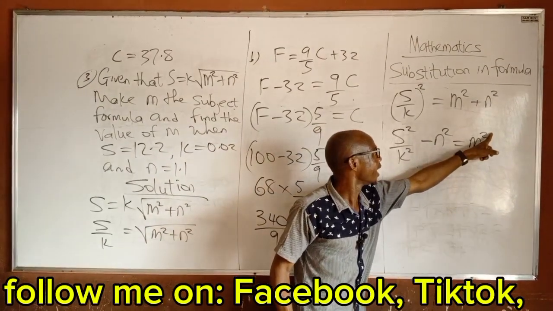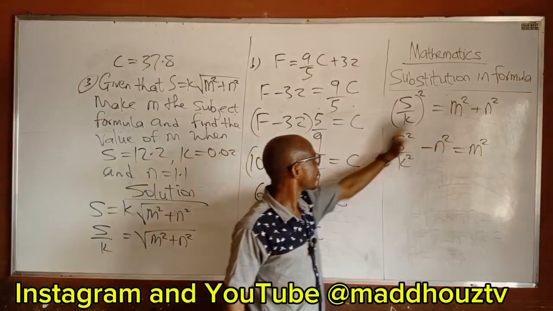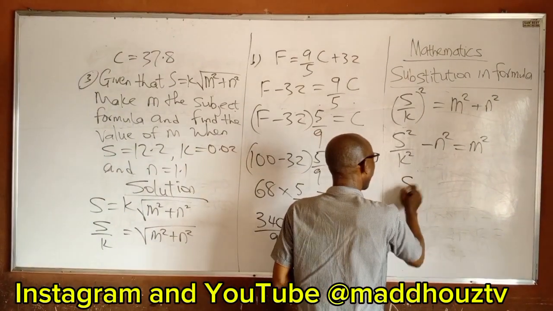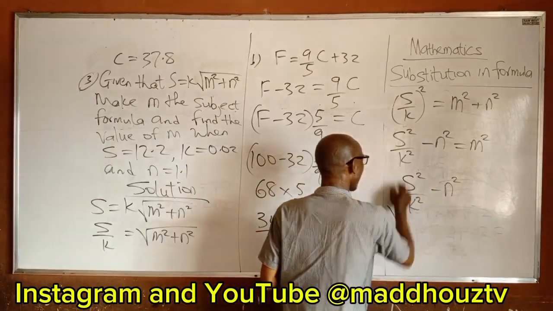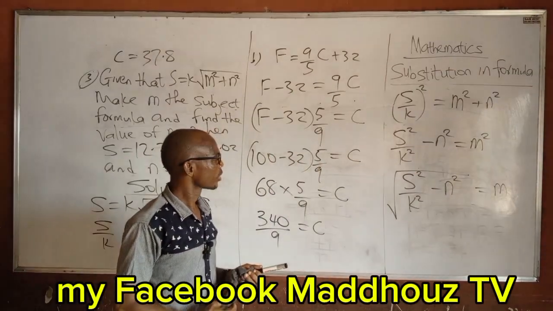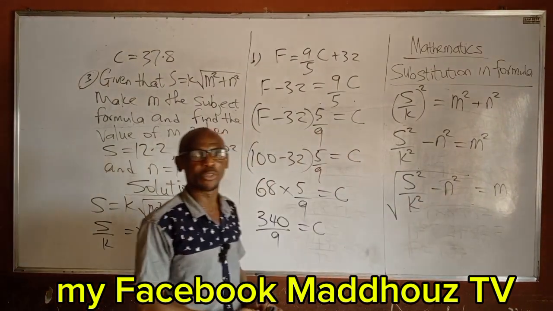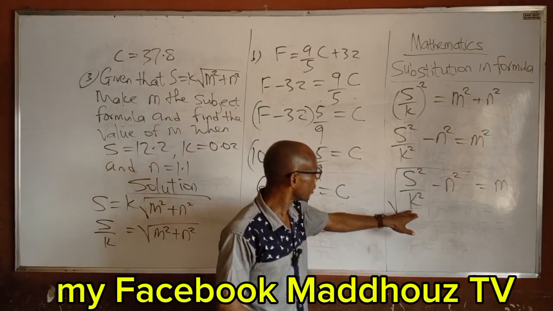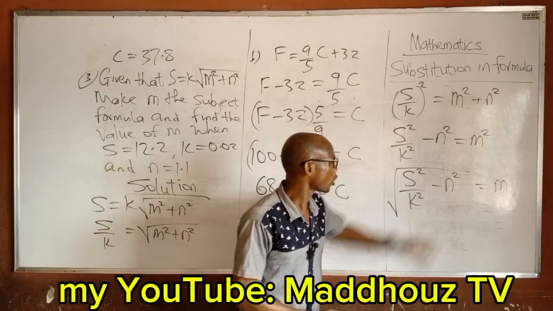So how are we going to make our m now the subject? m is squared here. So to pull the square from m, we are going to make the other side of the equation square root. So we can simply say x square over k square minus n square, all in square root, is equal to m. So we have made m the subject of the formula. We can also put it in another form by looking for the LCM in this fraction.